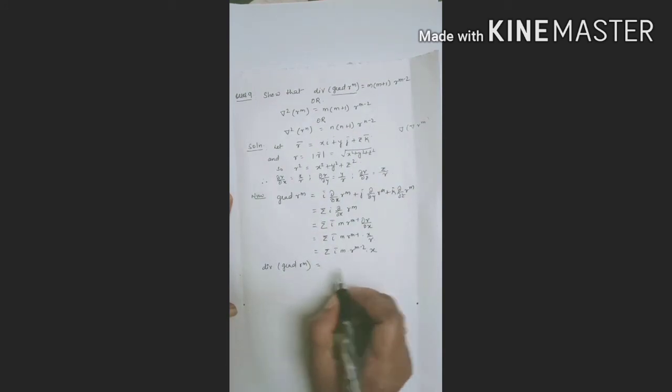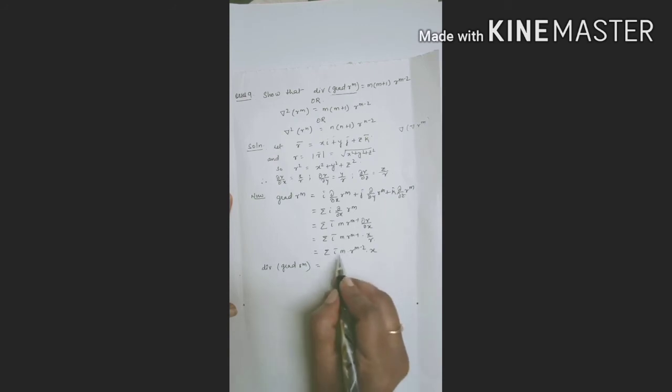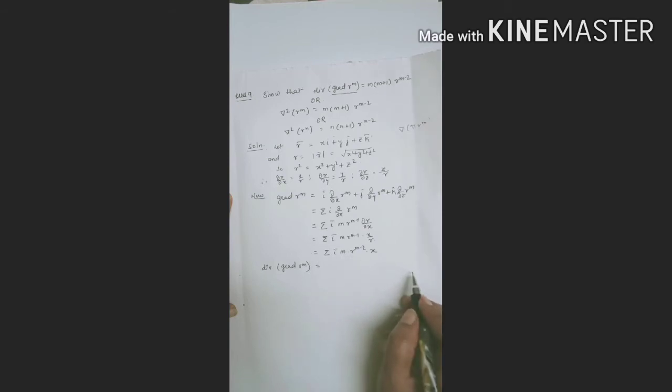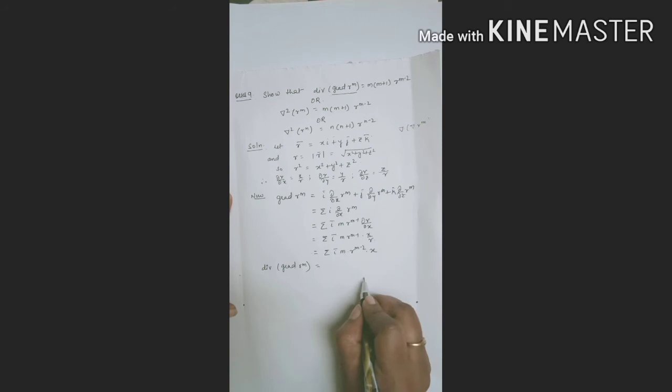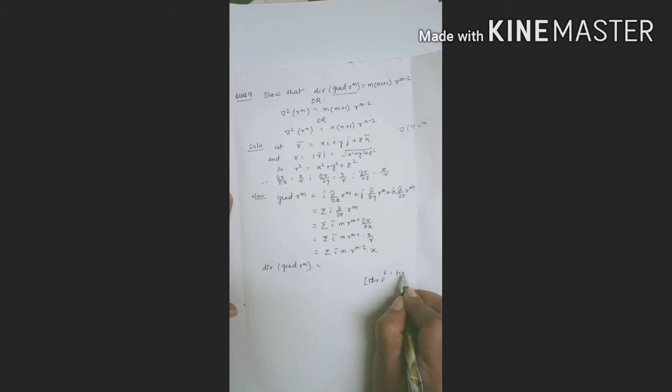Divergence of any function, already you know, is nothing but del by del x of the x term plus del by del y of the y term, that is the components of i, j and k. If I write here, if f is equal to f1 i plus f2 j plus f3 k, right, then what is divergence of f?